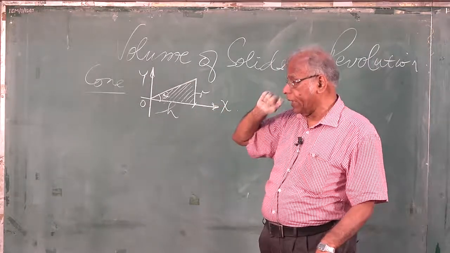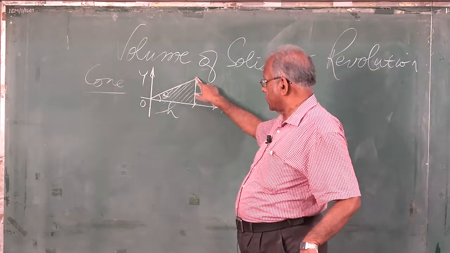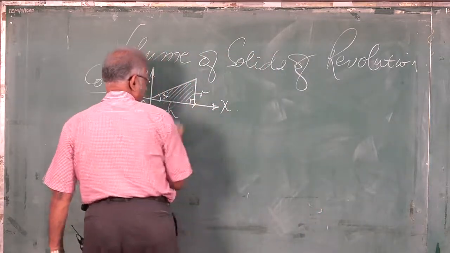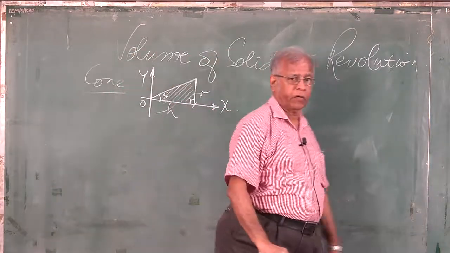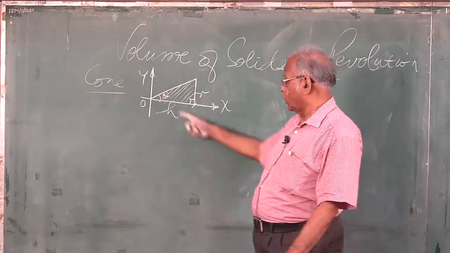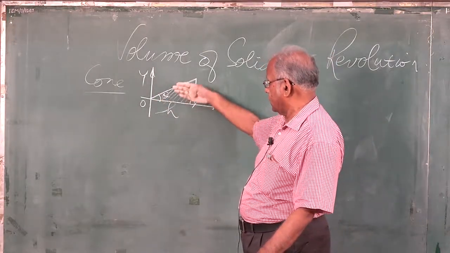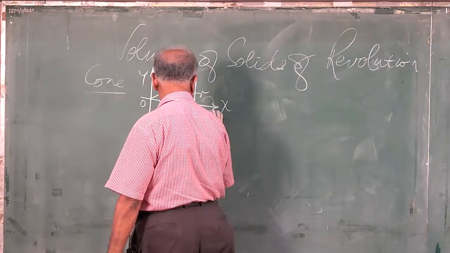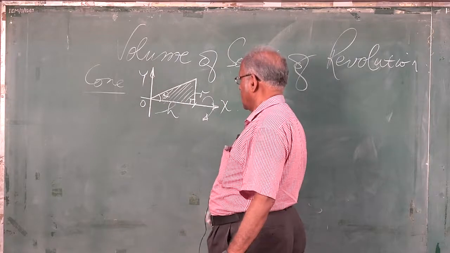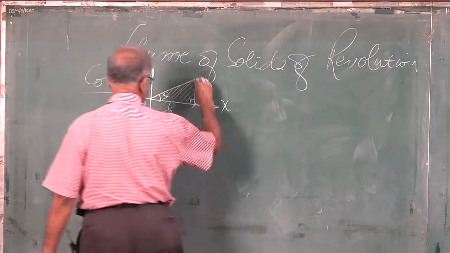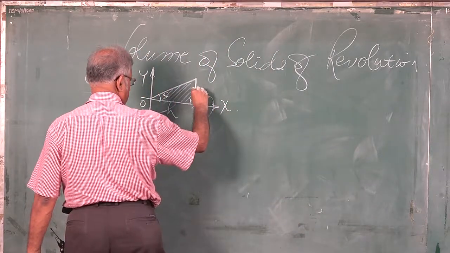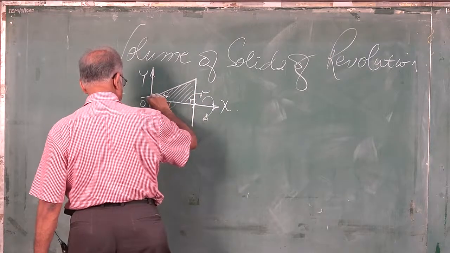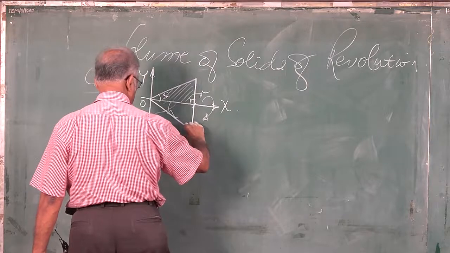We are going to generate a cone by revolving this area. Here we have a right angle triangular area. We are going to revolve this area about the x axis by 360 degrees, full revolution, and generate a solid that is going to be a cone.